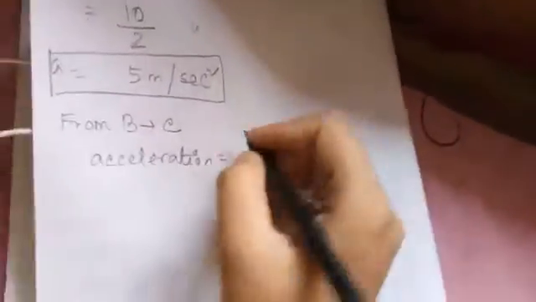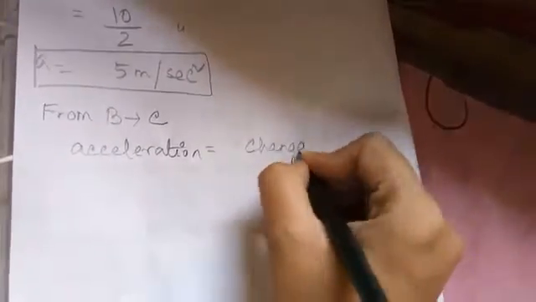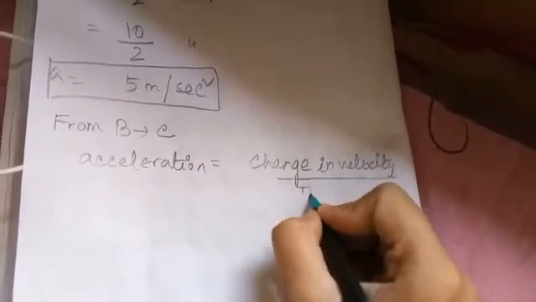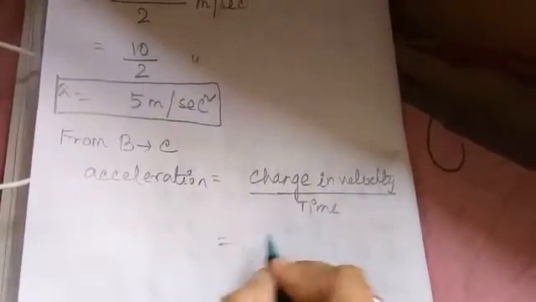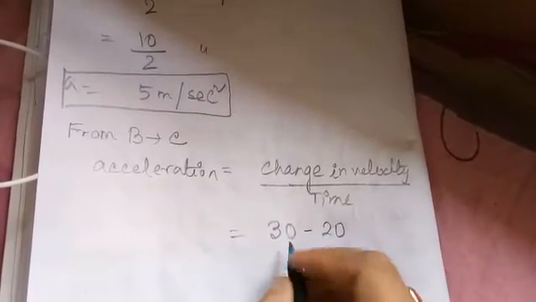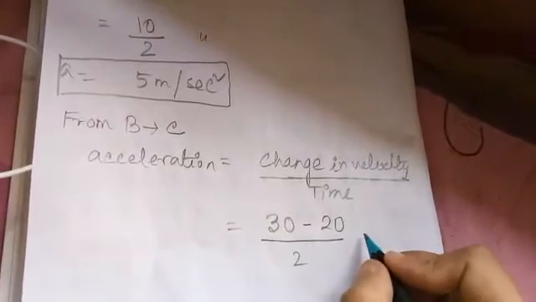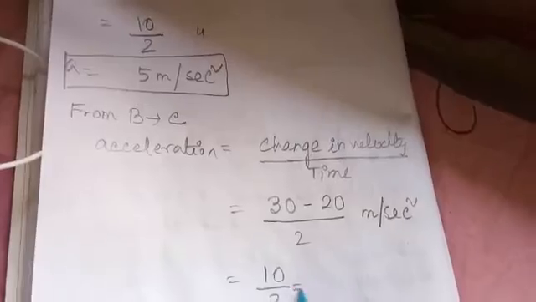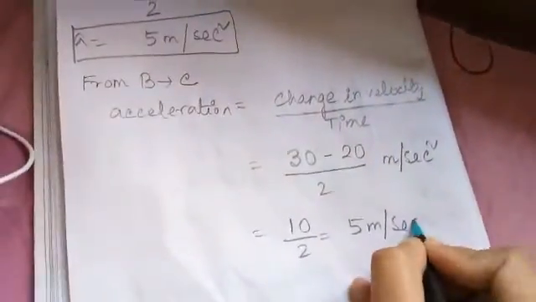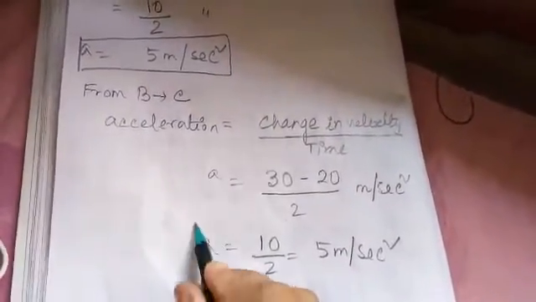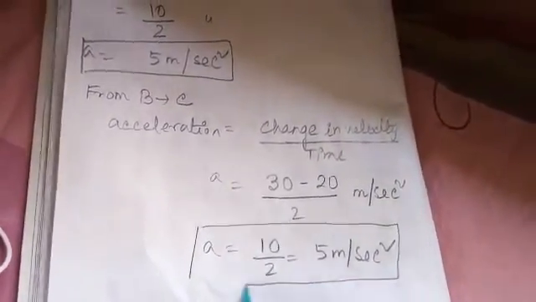So change in velocity by time: the final was 30 meters per second, initial was 20 meters per second, time taken is 2 seconds. So 10 by 2 equals 5 meters per second square. So from B to C we also find the acceleration is 5 meters per second square.